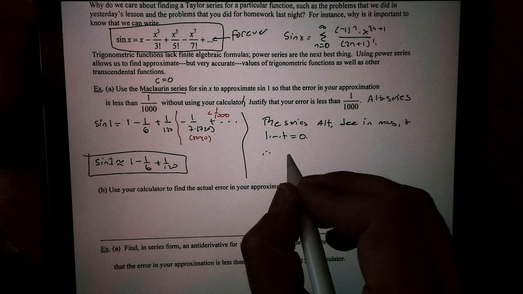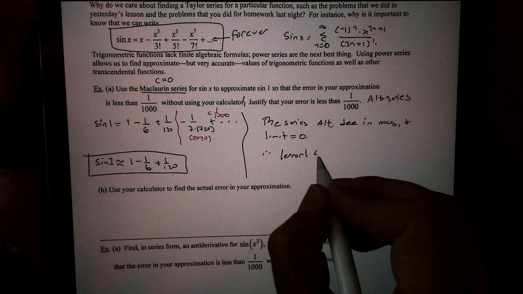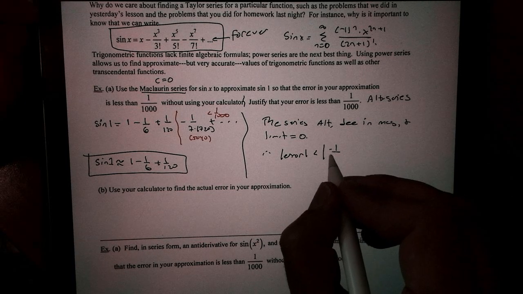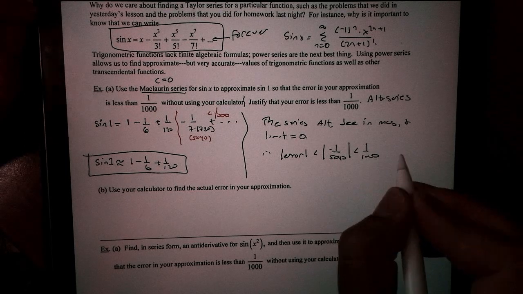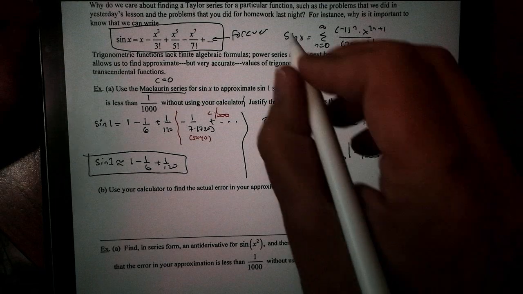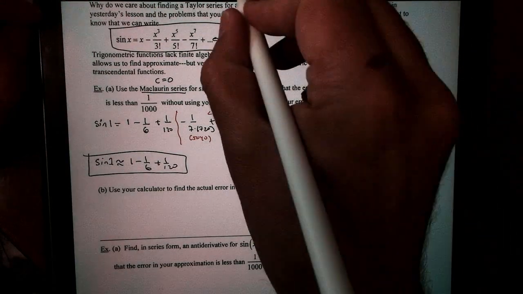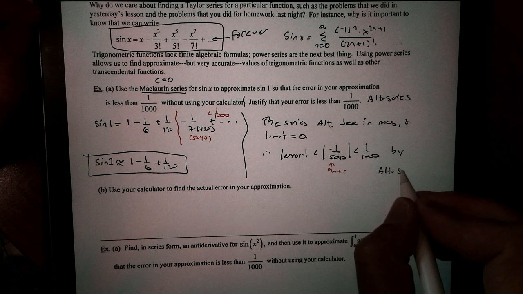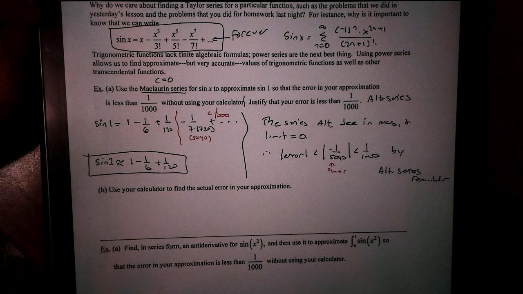Therefore, our error is less than the next term, which was this negative 1 over 40, which is less than 1 over 1,000. Remember, this is my next term right here. That's my a sub n plus 1. But now we have to define it by the alternating series remainder.